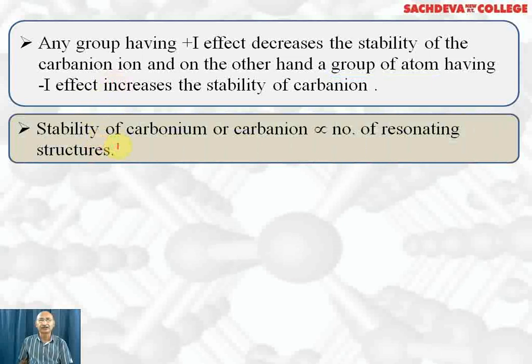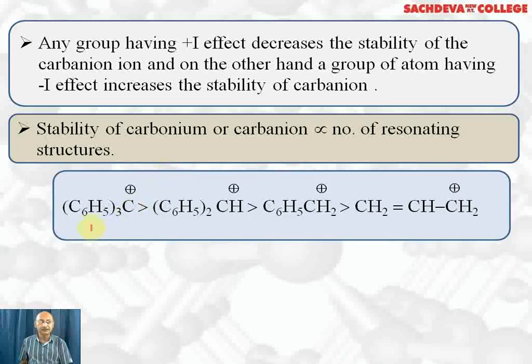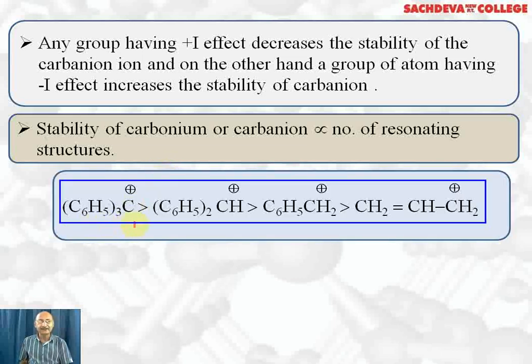Stability of carbocation or carbanion is directly proportional to the number of resonating structures. Means whether it is positively charged carbon or negatively charged carbon in the ion, greater the number of resonating structures, more will be stability. For example, this triphenyl carbocation is most stable because it will have 9 resonating structures.